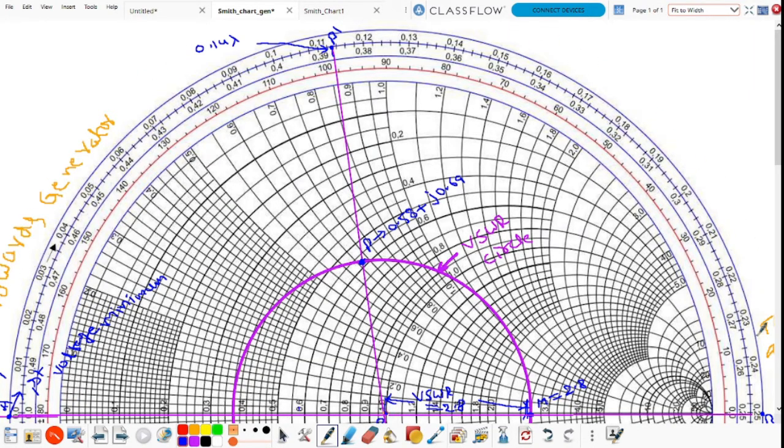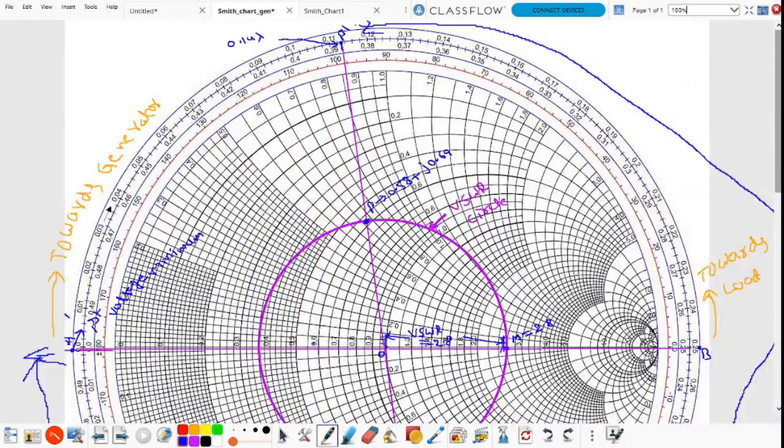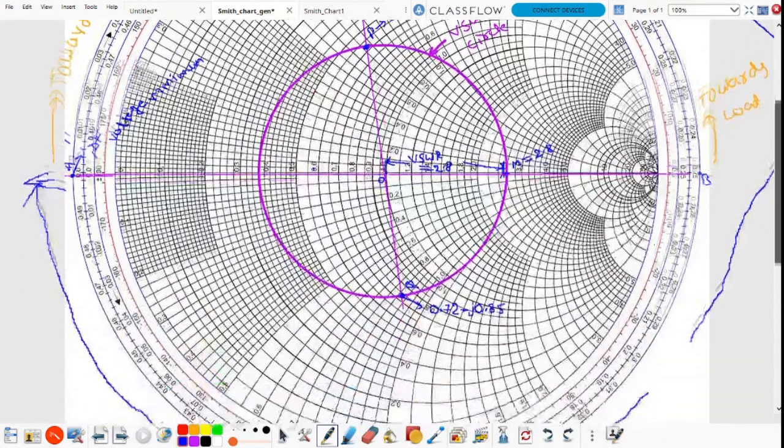So towards the generator, from point P dash to the first voltage minimum, measure the value.